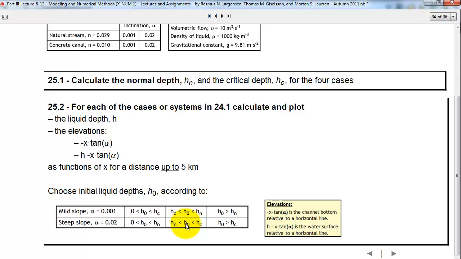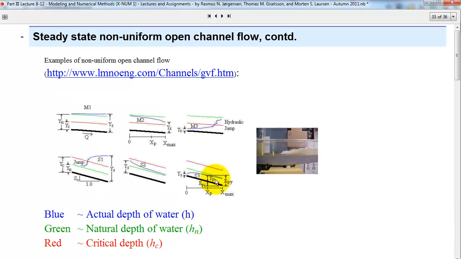A nice way to do it is that in the plot, first you have a plot with the critical height, the natural height, and h. If you plot it like this, you don't need to include the slope in the first plot. You can do that in the second plot.